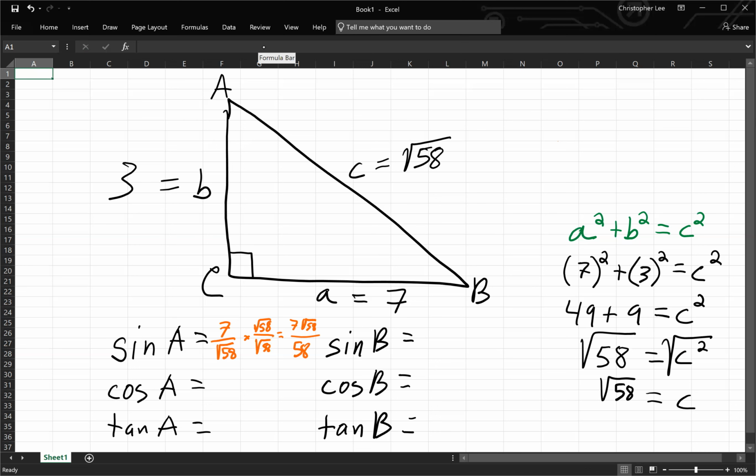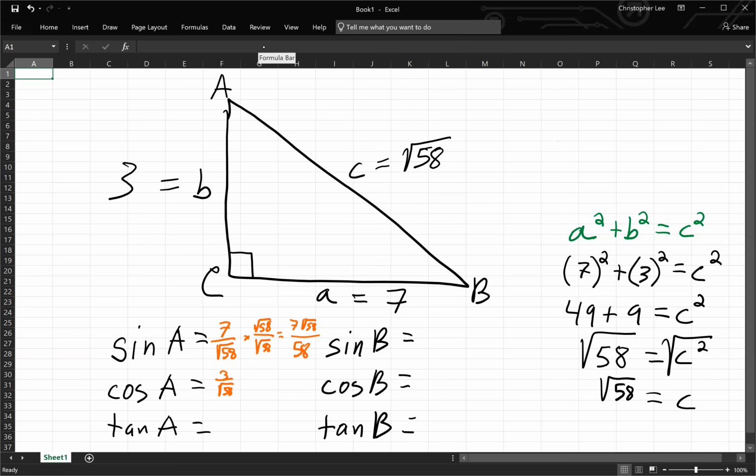All right, cosine of A. What's cosine of A? 3 over square root 58. Very good. All right, but you know it's illegal for me to have radicals in my denominator.